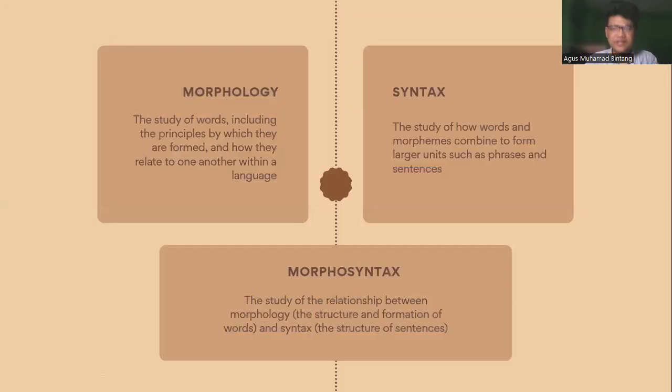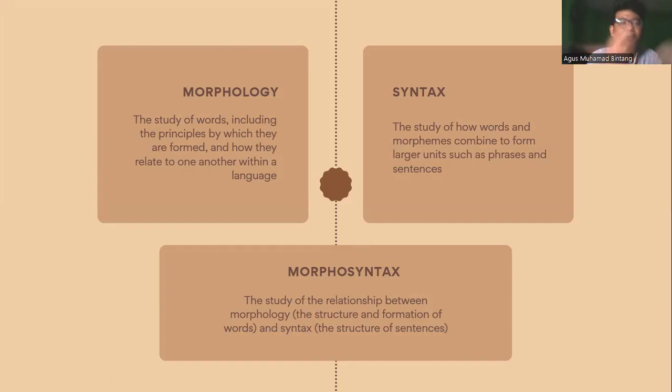From my analogy, this is my description of morphology, syntax, and morphosyntax. Morphology is a study of words, including the principles by which they are formed, how a word is formed, and how a morpheme is formed.